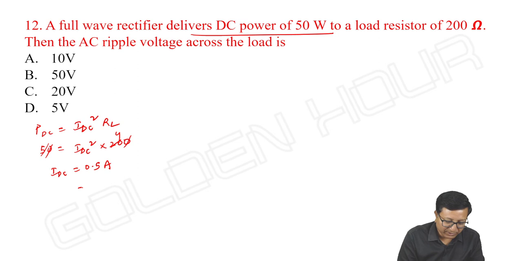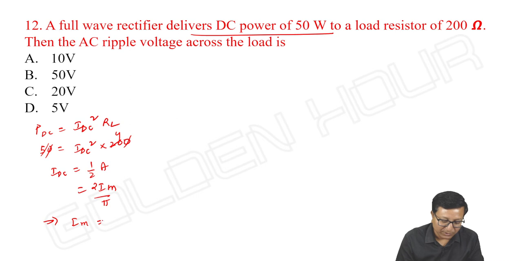IDC is known and it is equal to 2 into Im by pi. So Im is equal to pi by 2 into IDC.